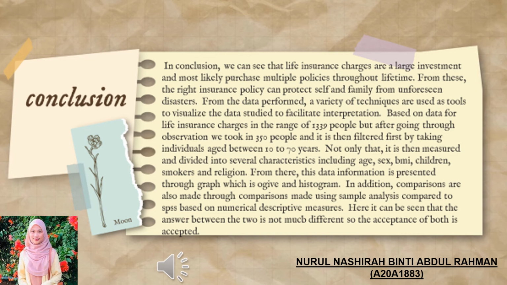Based on the data for life insurance charges, the range was 1,339 people, but after going through observation we took 350 people, and it was then filtered first by taking individuals aged between 10 and 17 years. It was then measured and divided into several characteristics including age, sex, BMI, children, smoker, and region.